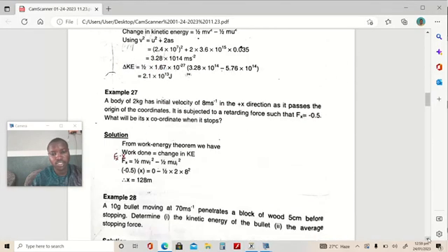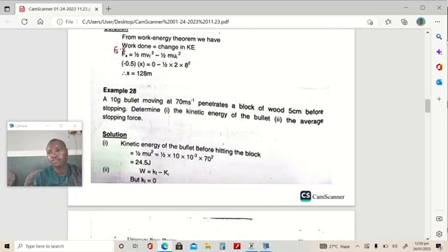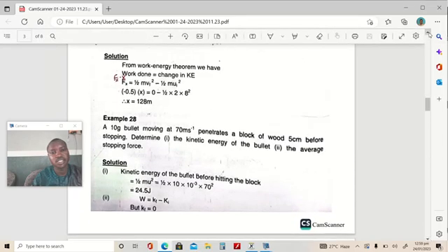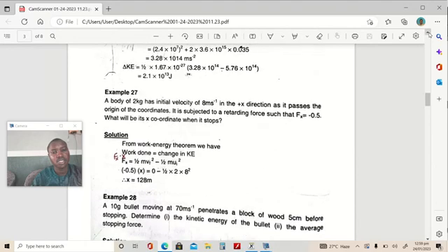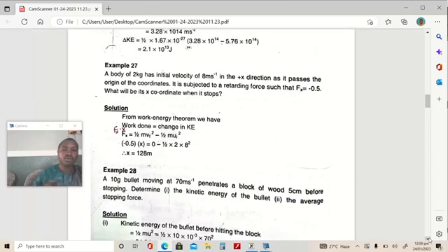This one says, a body of 2 kilograms has its initial velocity of 8 meters per second in the x direction as it passes the origin of the coordinate.